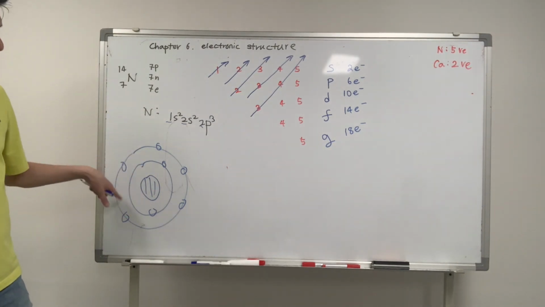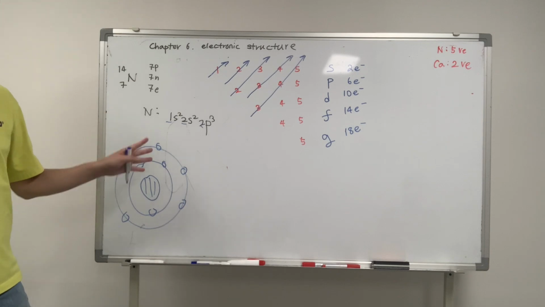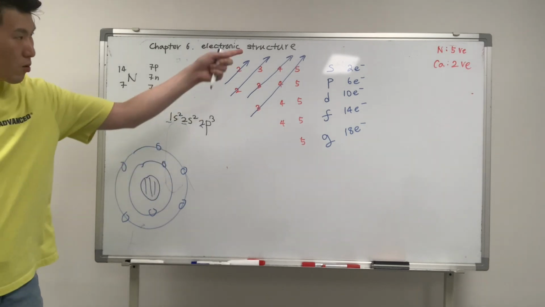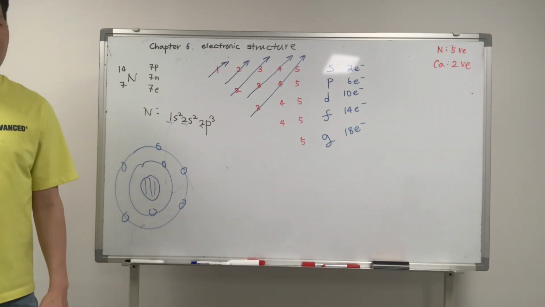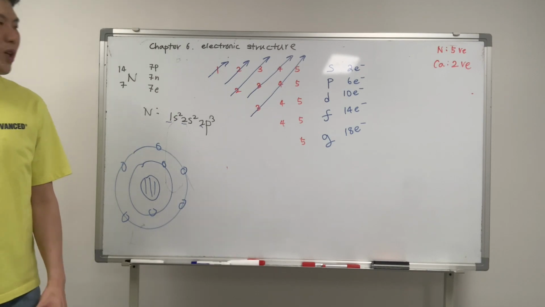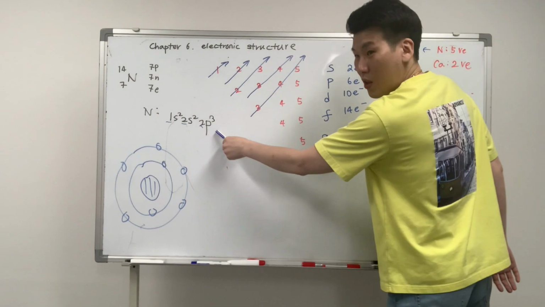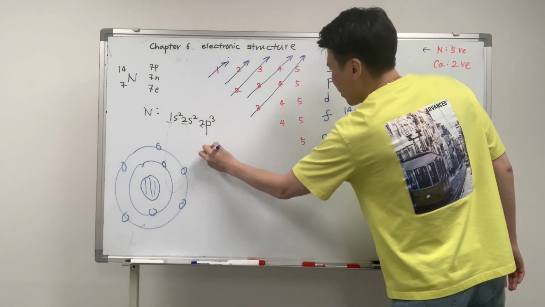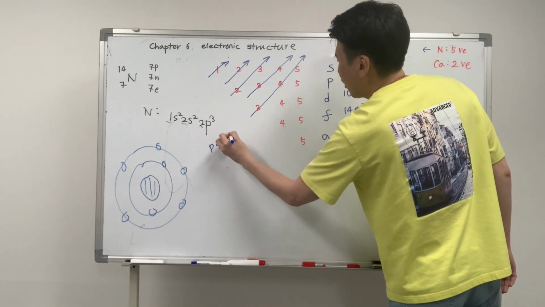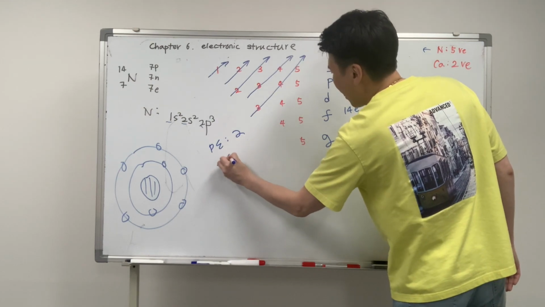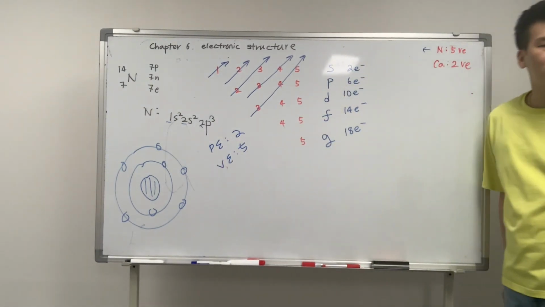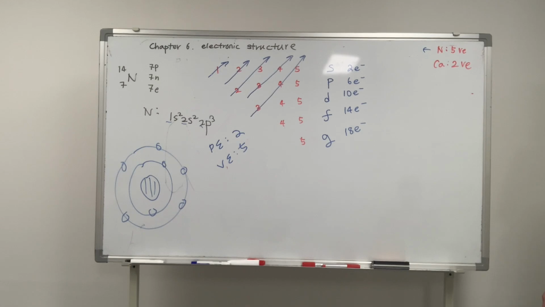In the outermost energy level, how many electrons do we have? 5. That's why it's 5. So we say, for nitrogen, this is the electron configuration. Principal energy level is 2. In there, we have 5 valence electrons. Does that make sense? Clear?